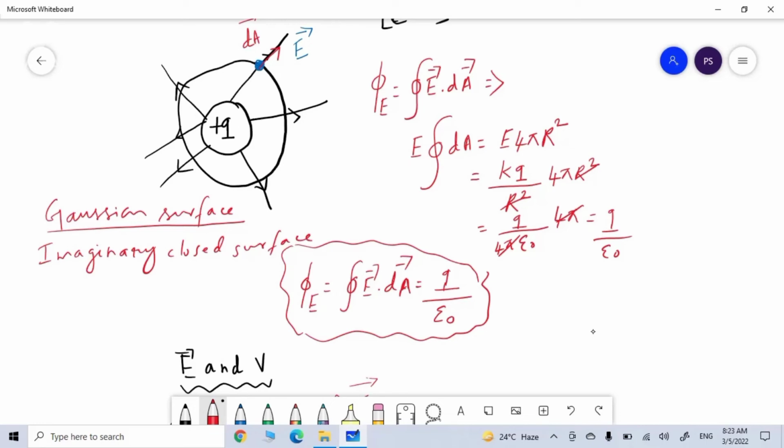Is there any constraint for taking a specific surface? No. A Gaussian surface can be a regular or irregular closed surface. So geometry doesn't matter here.